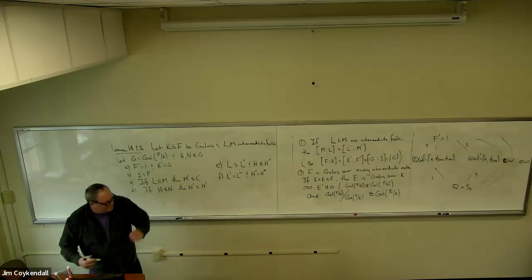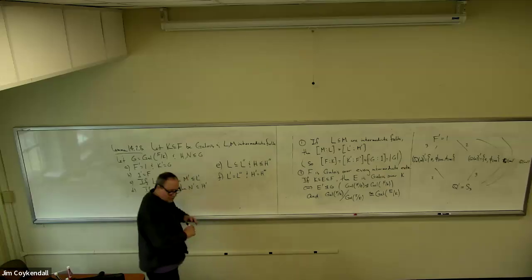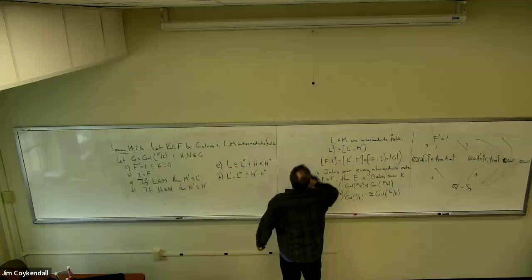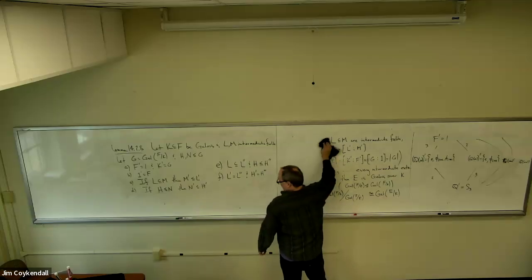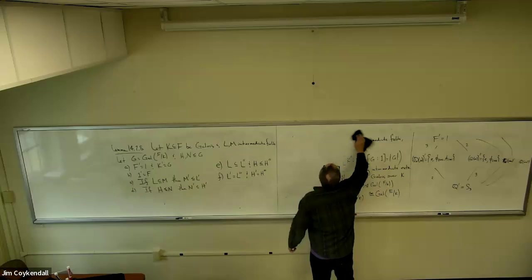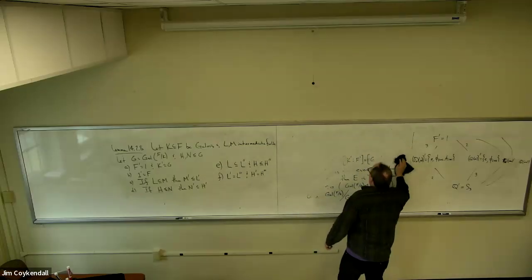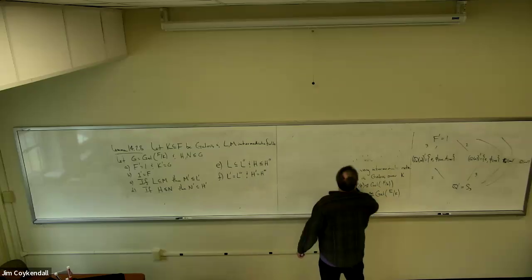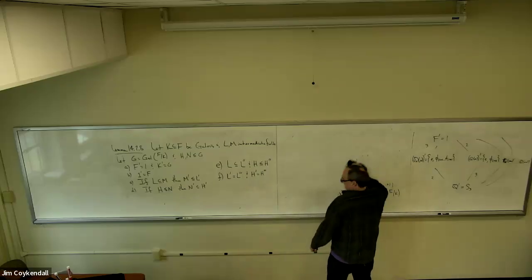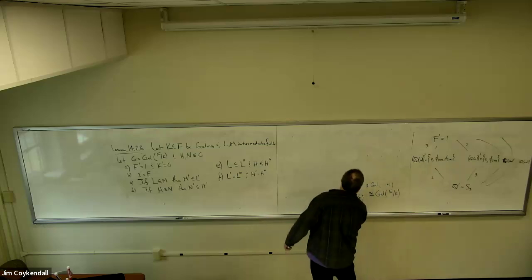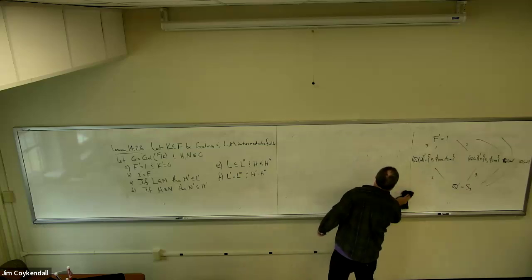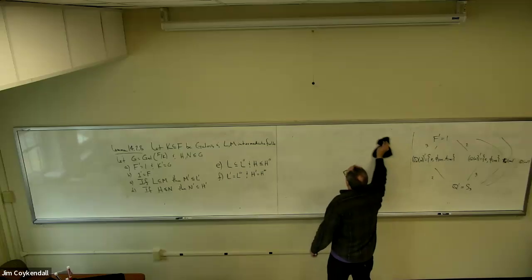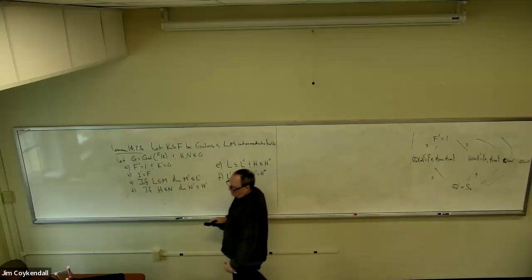Okay, let's go through some of this. A and B, I can probably kind of talk through. F prime, well, that's the set of automorphisms of F that fix all of F, right?